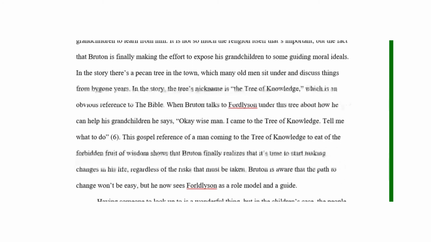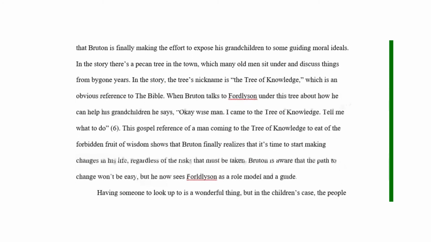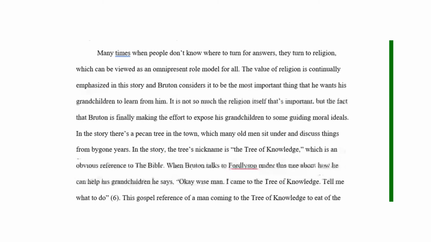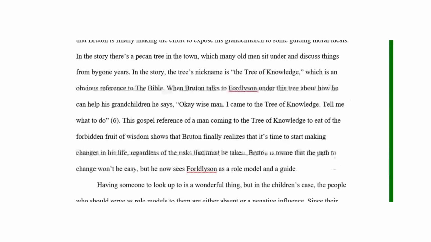Within the body paragraph, again, we have direct quotations that support the point. So obviously the direct quotations are going to have to do with how, in fact, religion is a role model for this character in this story.